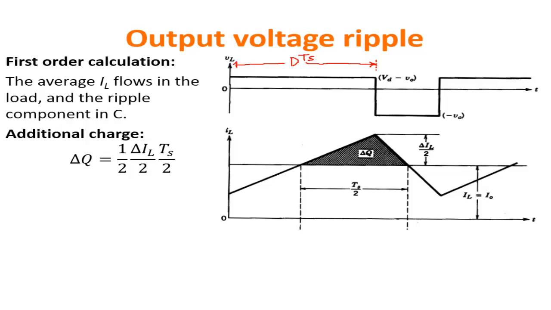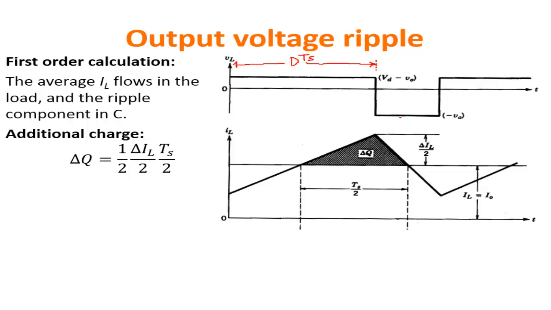So again, the voltage applied to the inductor is Vd minus Vo during T on, and is minus Vo during T off. And this is the current through the inductor, IL, which goes up when VL is positive and goes down when VL is negative.